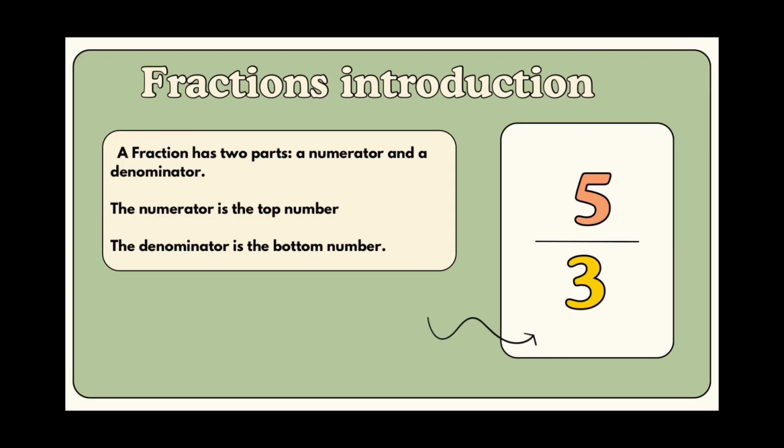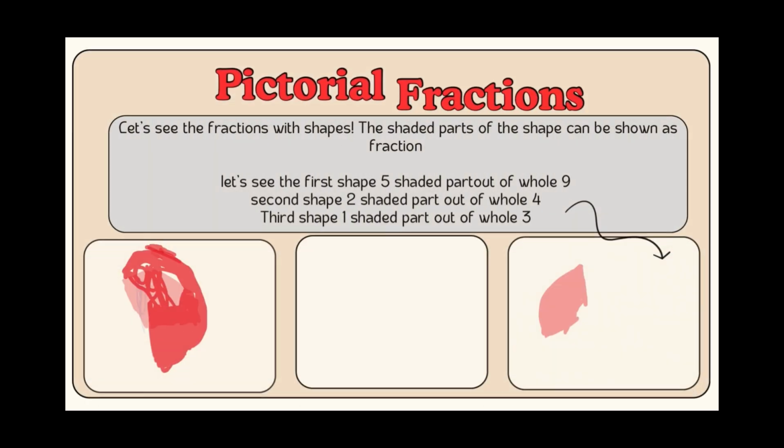So, what are fractions, in terms of numerator and denominator? We have two numbers. We write fractions as a top number and a bottom number. The top one is the numerator and the bottom number is the denominator. So that makes a whole fraction.